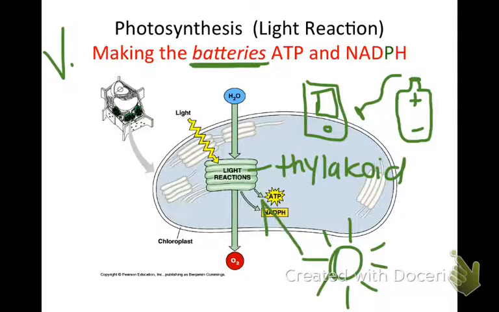We're going to use it to create chemical energy. That chemical energy gets a name, ATP and NADPH. So the sunlight charges this battery called the thylakoid, and he's going to make sunlight energy into two forms of energy the plant cell can actually use, ATP and NADPH.